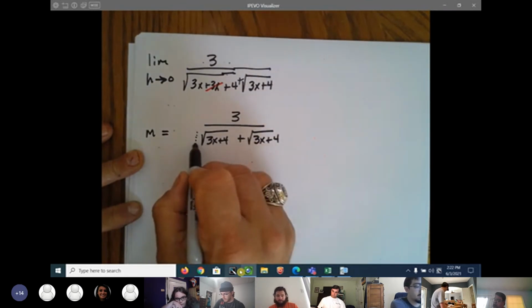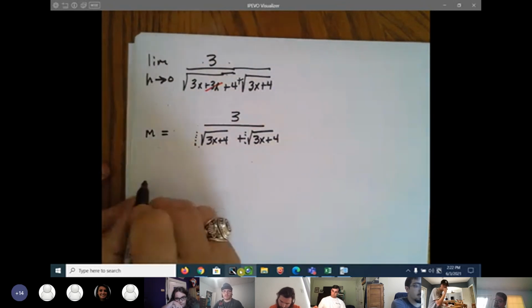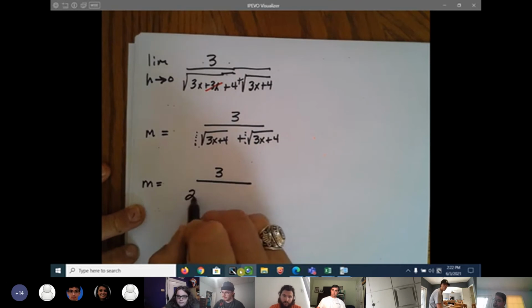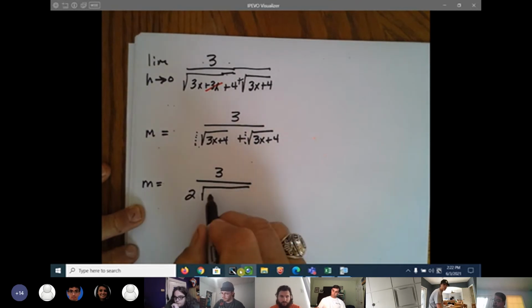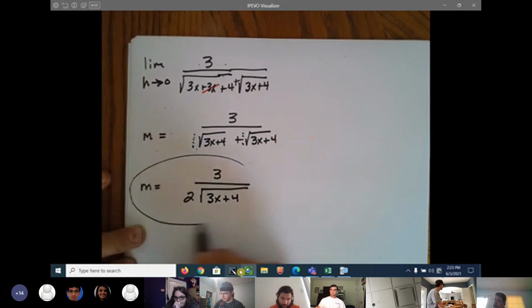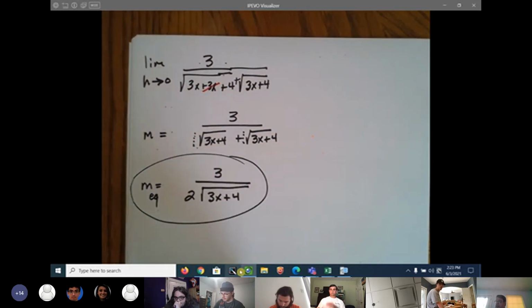Well, there's a 1 here and a 1 here. What's 1 plus 1? 3 over 2 square root of 3x plus 4. And that is the slope equation for any line at any point on the curve.